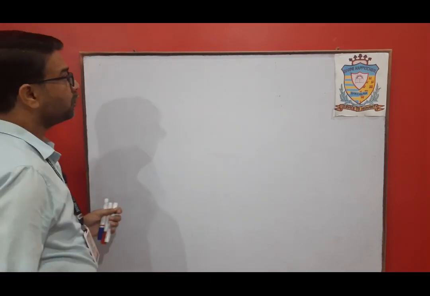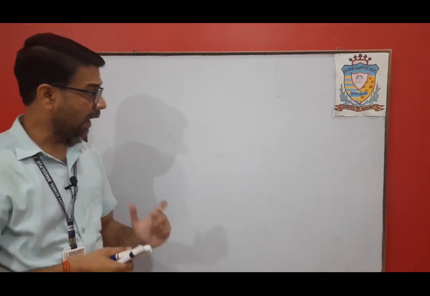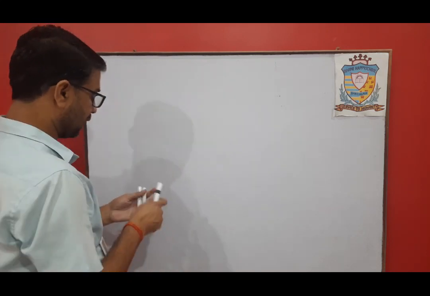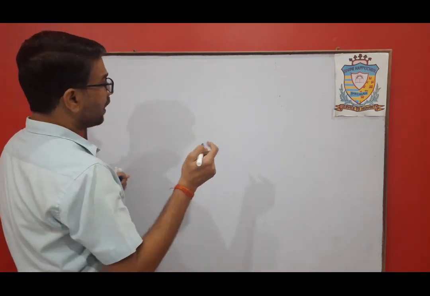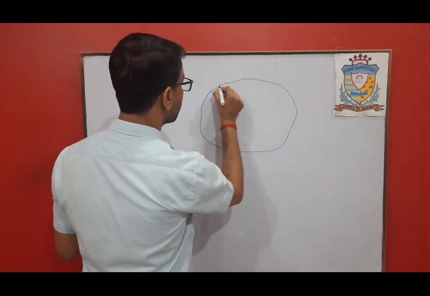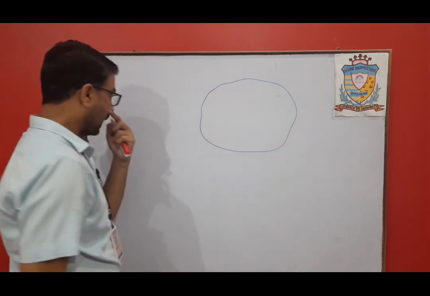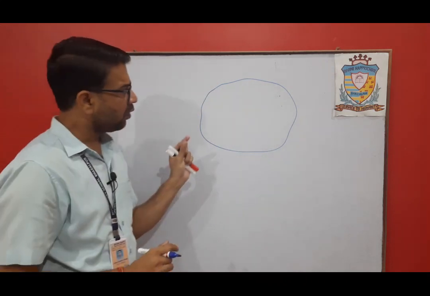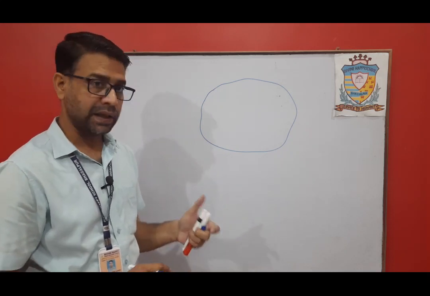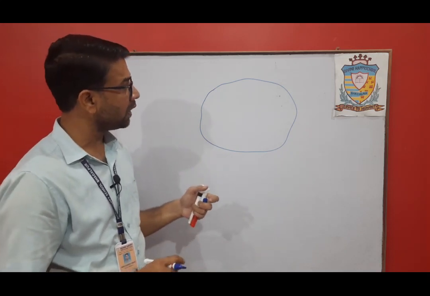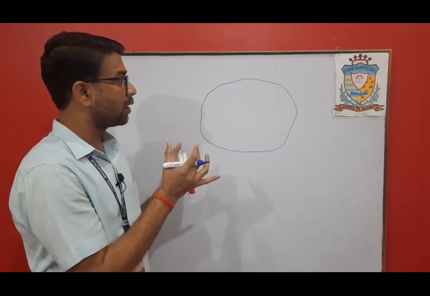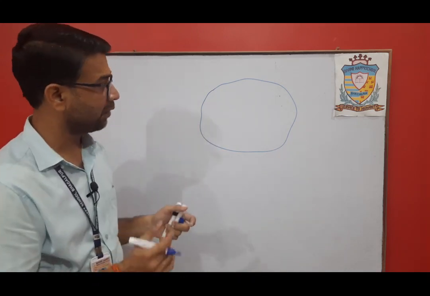Next, if we have to calculate the electric flux for any irregular surface, then what will happen? We'll take an irregular surface and find the electric flux through a very small area, and then add up all the small parts to find the total electric flux.